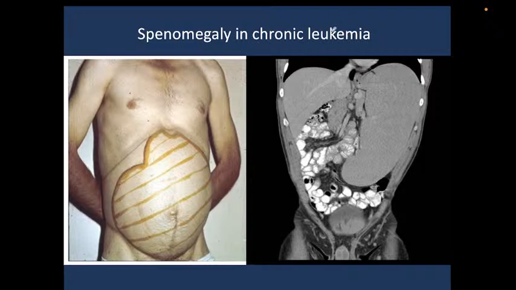We call them leukemia, chronic leukemia. Usually as a symptom there is splenomegaly. This is a big size of the spleen.